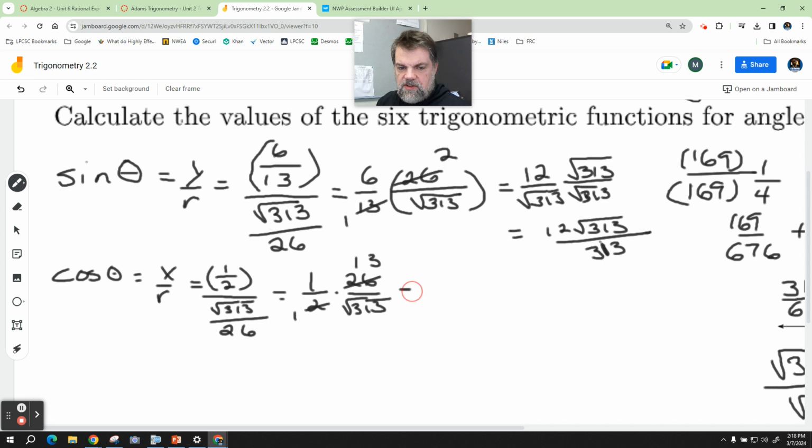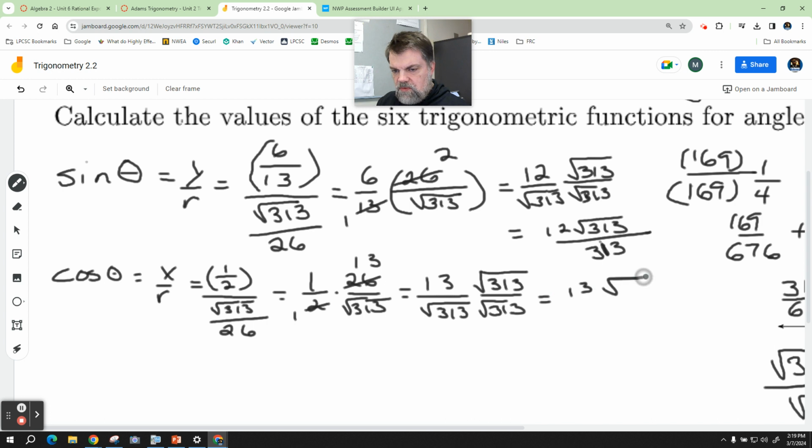When I multiply that straight across, 1 times 13 is 13. 1 times the square root of 313 is still the square root of 313. Can't leave it like that, so I rationalize the denominator, and I get 13 root 313 all over 313. So that's that answer.